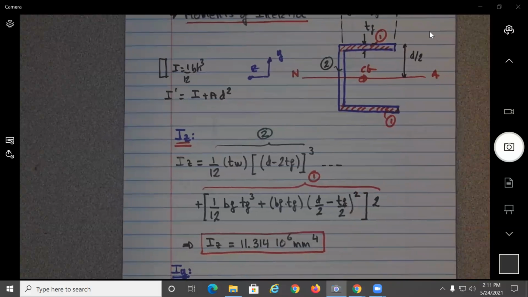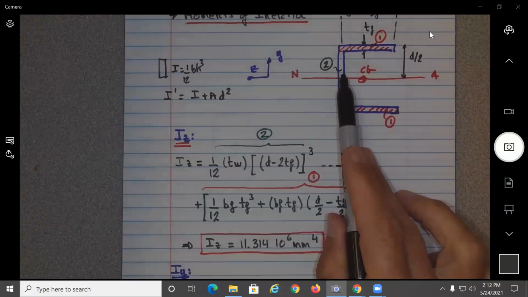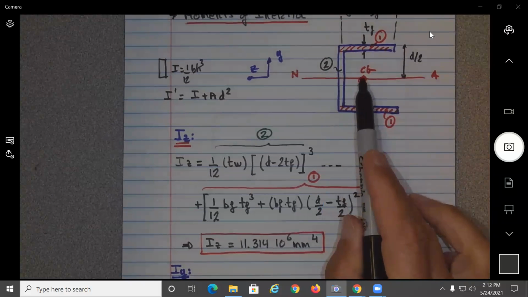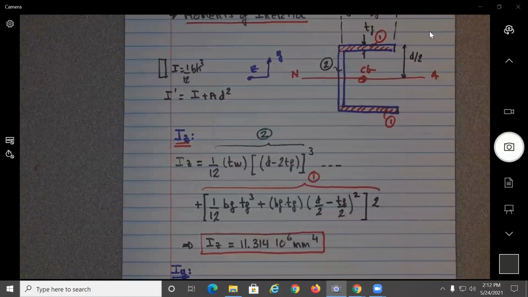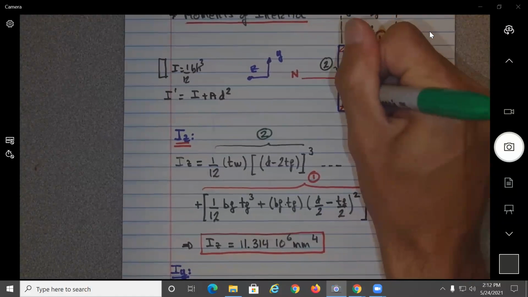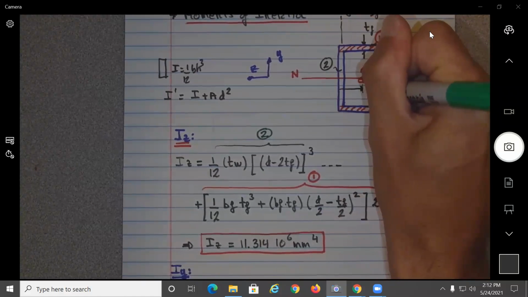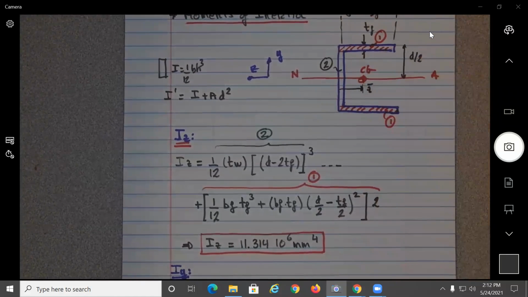Now, what will be the distance between the center of this one and the CG? Do we know that distance over here? What is all that distance from here? This is Z bar, no?